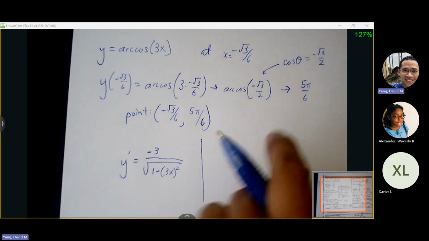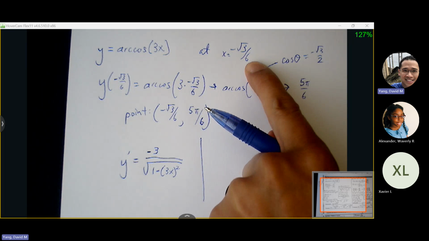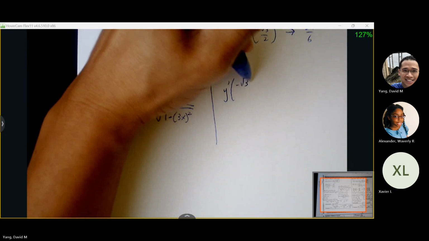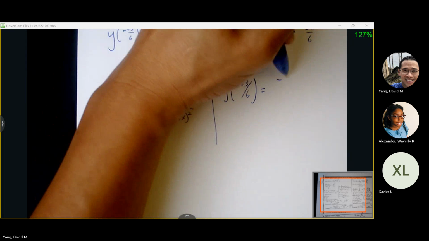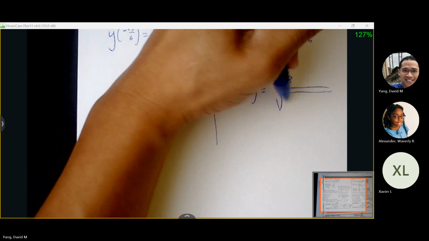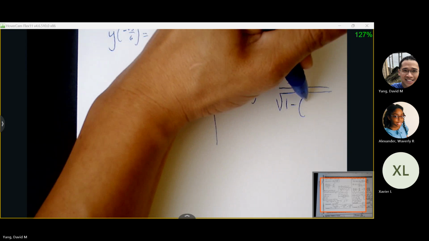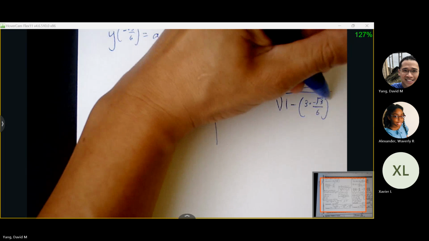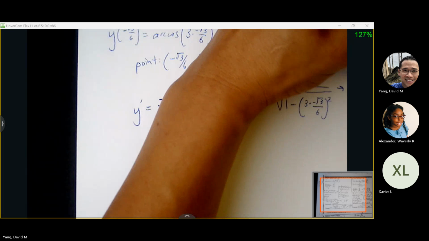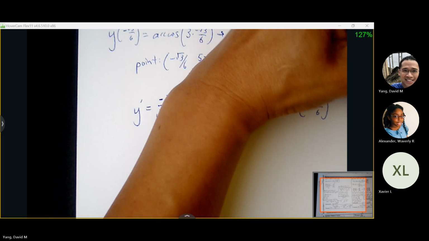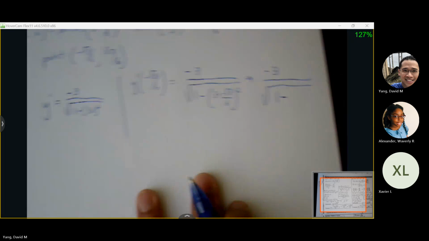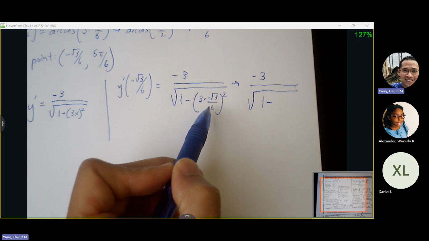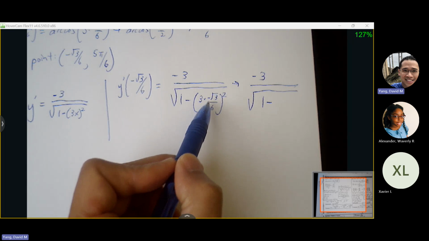Now I can replace my x's with negative root 3 over 6. This reduces to be negative root 3 over 2.